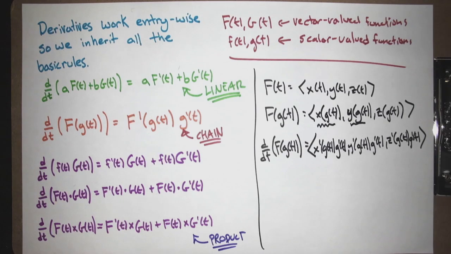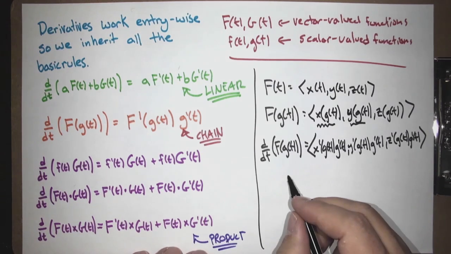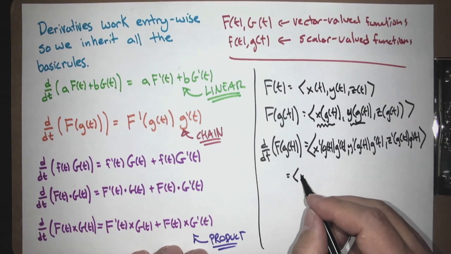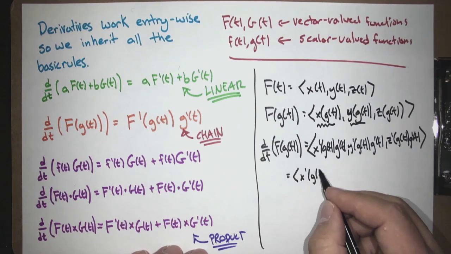Now, it's very compressed here on the screen, but what do all of these 3 terms have in common? They all have g prime of t in common. It's a common factor. If it's common, you can pull it out. So we pull it out, and we'll put it on the end. There's no reason we have to put it at the beginning.